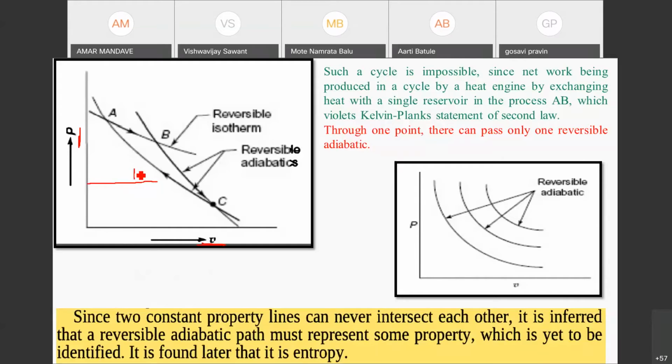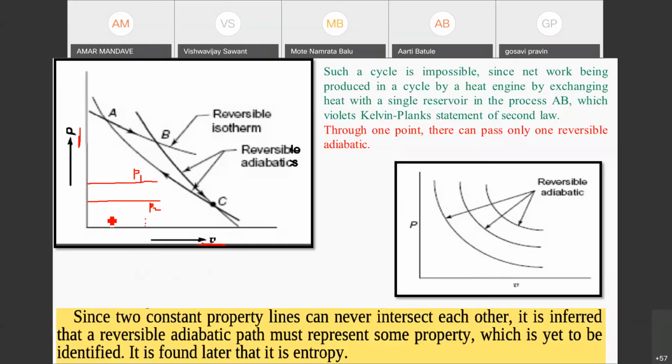Consider this is the constant pressure line P1, this is the constant pressure line P2, and so on. Here you can observe that all the constant pressure lines are parallel to each other. They are not going to meet each other. That is the basic observation you can make from this PV plot.